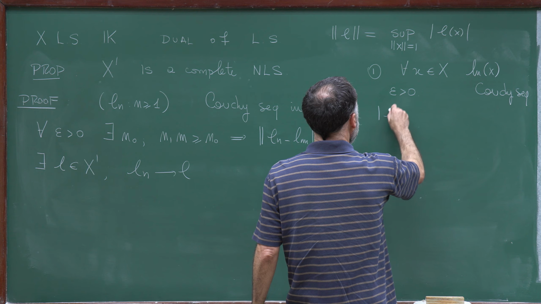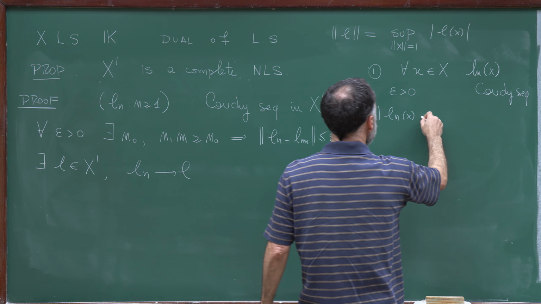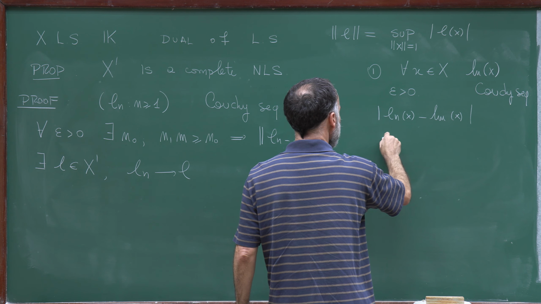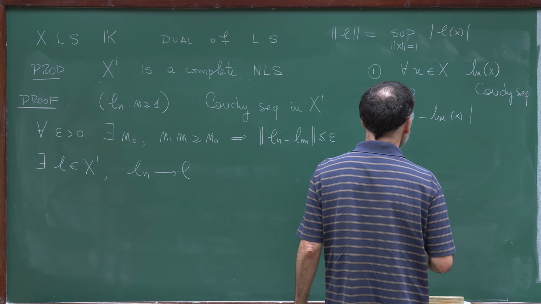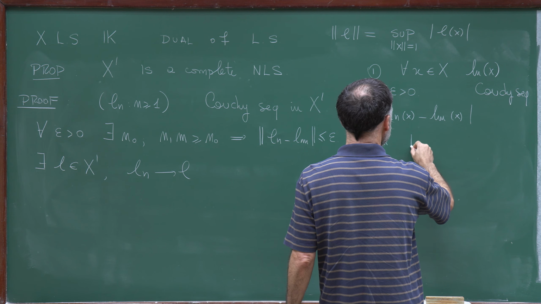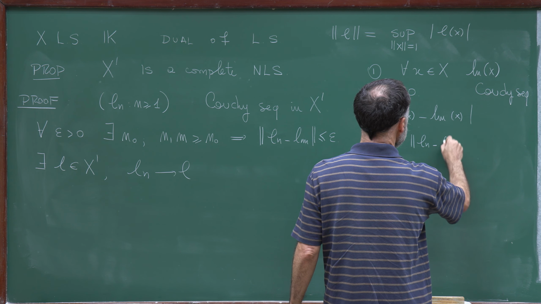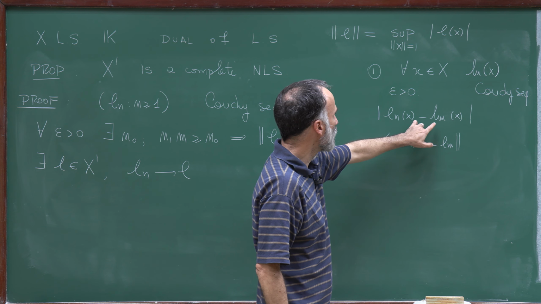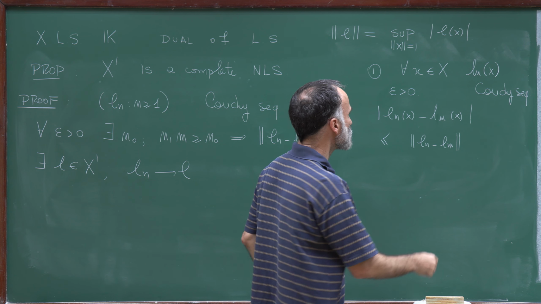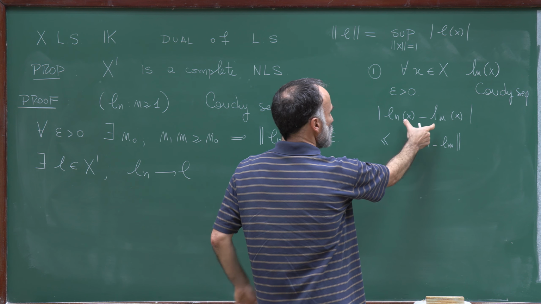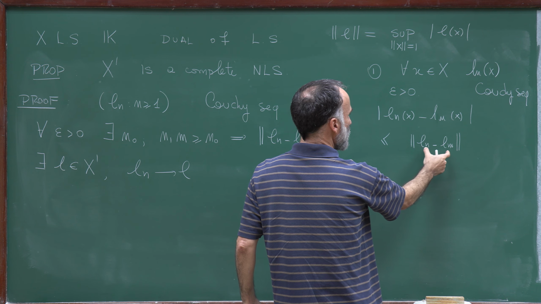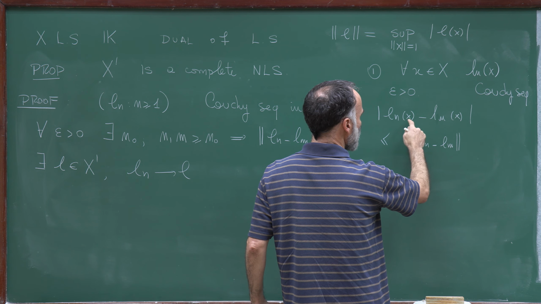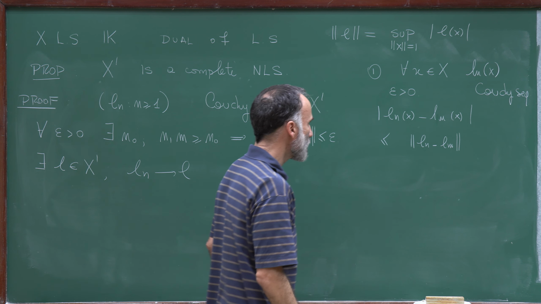Now, Ln of X minus Lm of X, if you remember the bound I proved at the beginning of this lecture, is bounded by the norm of Ln minus Lm, right? The difference of this is not a limit, this is just Lm. So Ln minus Lm at x is just the difference of Ln at x minus Lm at x.